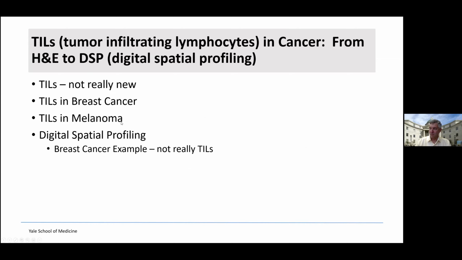And then we'll bridge from automated analysis of the H&E to molecular analysis in melanoma, and then ultimately to digital spatial profiling, which is really not related to TILs, but sort of the next example of high-plex technology, which can be applicable to many aspects of pathology, including tumor infiltrating lymphocytes and many other aspects of assessment of the molecular content of the tissue that we receive as pathologists.